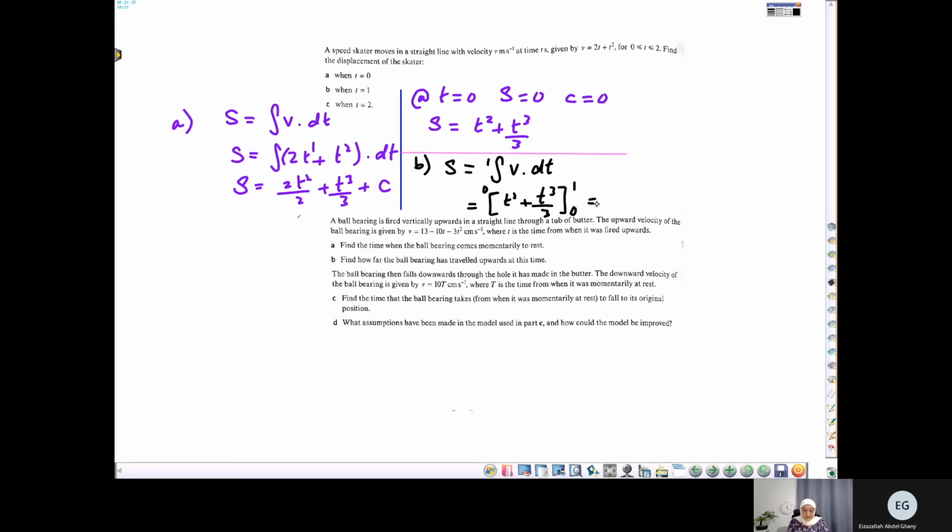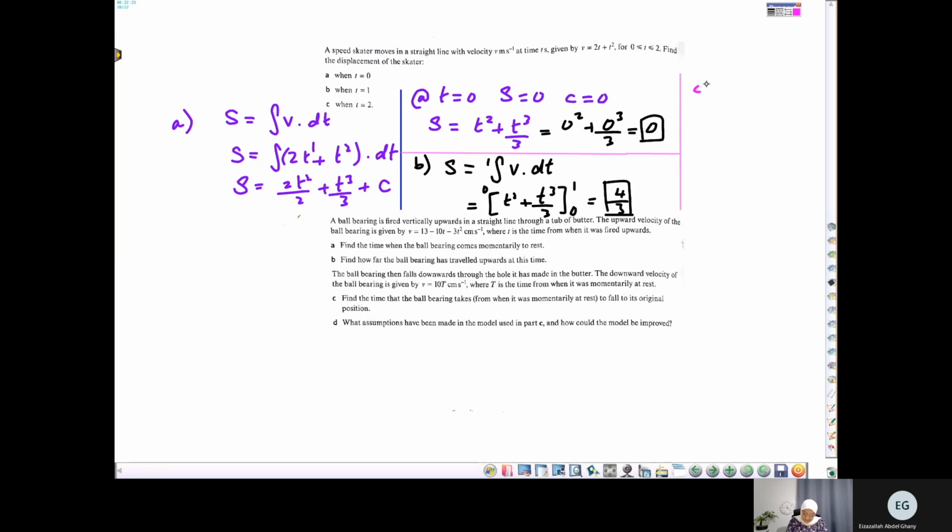When you substitute and subtract, you will get 4 over 3 meters. And this one also, if we substitute for S, so this S will be 0 squared plus 0 cubed over 3, so it will be 0. This one will be 4 over 3.